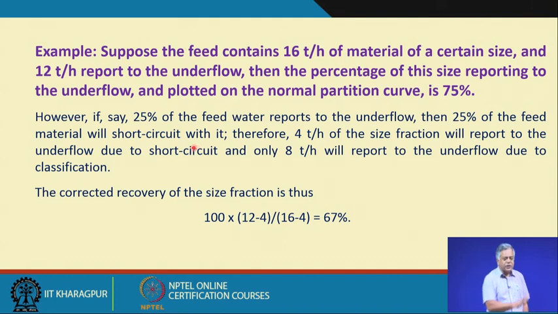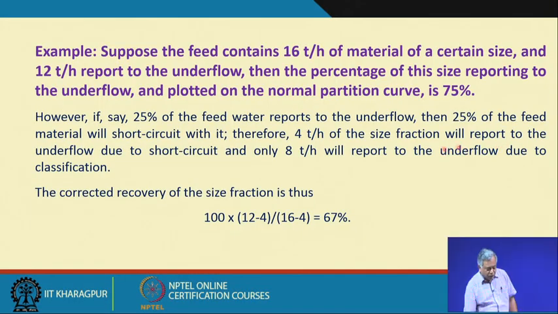That means they will not be subjected to classification. So, when 25% of the feed material is coming, that means 25% of that particular size material will also come to the underflow due to short circuiting.